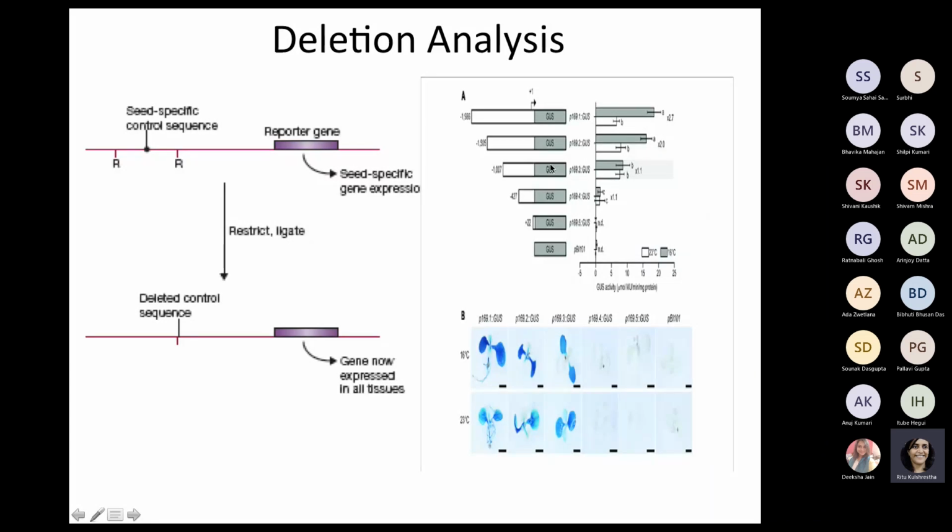The example which is shown here is for the region where they are trying to look at which region is responsible for its expression in, I think these are leaves, in the leaf region. So they know that in these 4 and 5 constructs, which are these two, they did not see any expression of the reporter in the leaf region. So there was no expression at all.